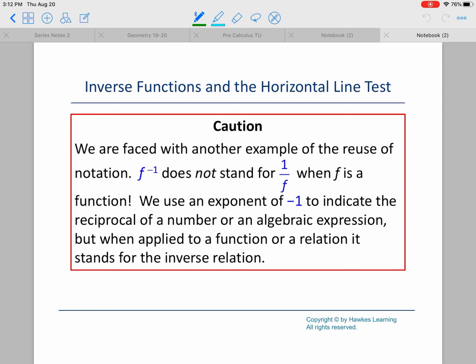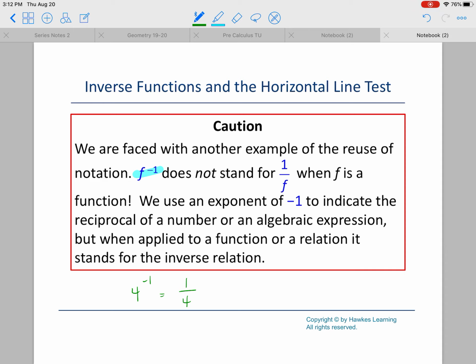Some things that people get confused about with the notation here: f to the negative first power does not mean, a lot of times when you see a number like 4 to the negative first, that tells us to move it to the denominator because we can't keep that negative exponent, so that would be 1/4. Well, that's not what's happening here with a function.